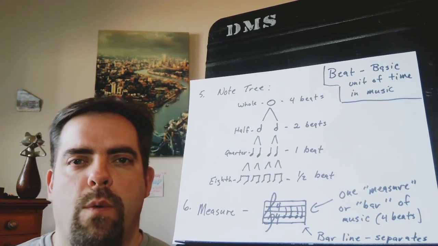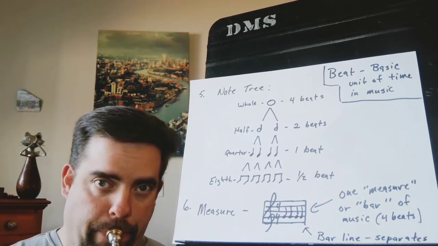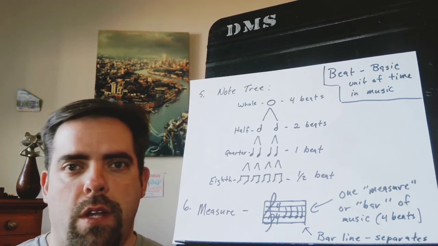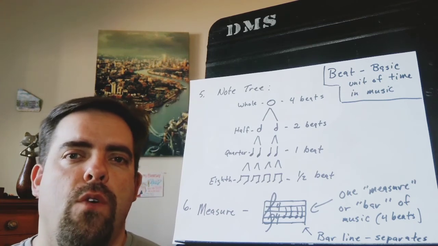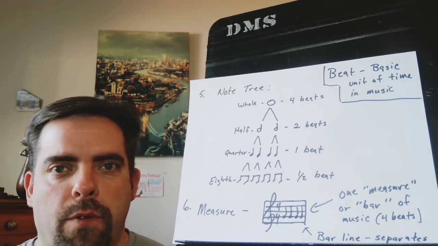And so the way that we play this measure here is we go 1, 2, 3, 4. You can call it a measure or a bar. I've heard it called both things.